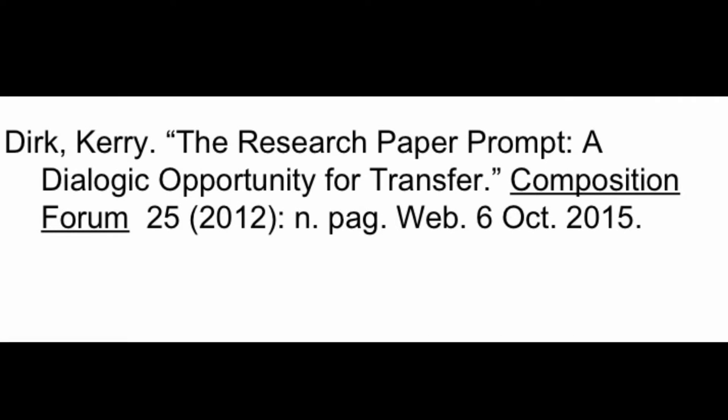The next slide shows the same citation done according to the MLA guidelines. You see here the title of the article is no longer underlined. The title of the journal is written out and it is underlined, followed by the volume of the journal and the year it was published. We're also told that it's on the web and the date is now correctly formatted.